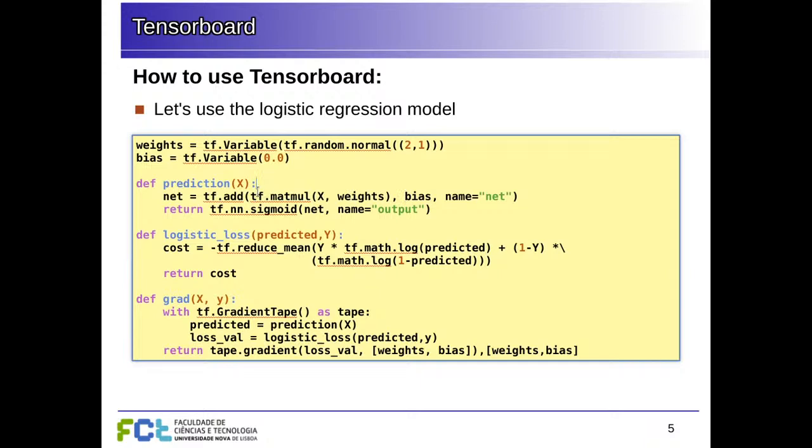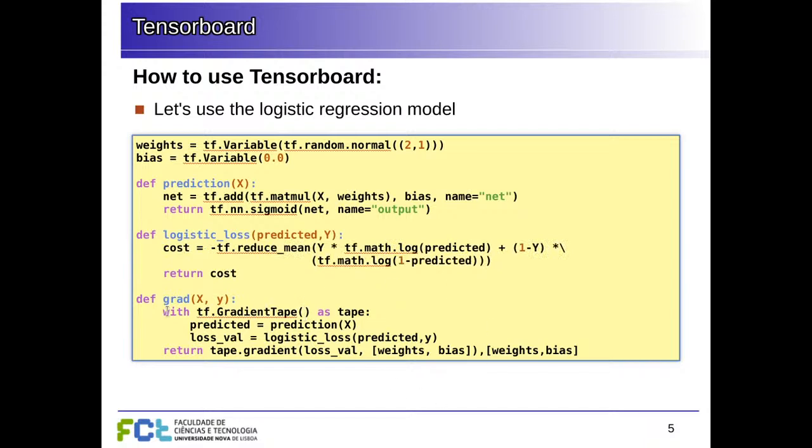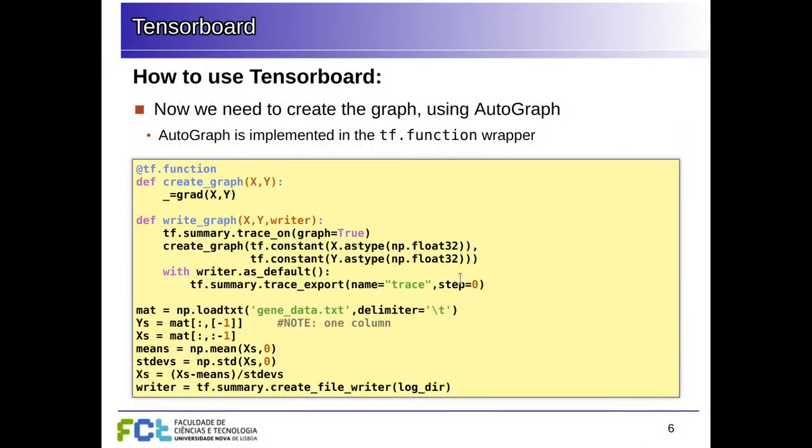Here, if you want, you can convert the inputs to a tensor like we did last week. So this is just a sketch of the code. You can use the one you already have from last week's exercises, and then we compute the logistic loss, and we have here the gradient tape to get the gradients, which then we apply when training.